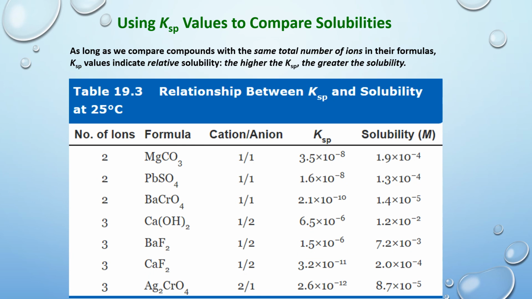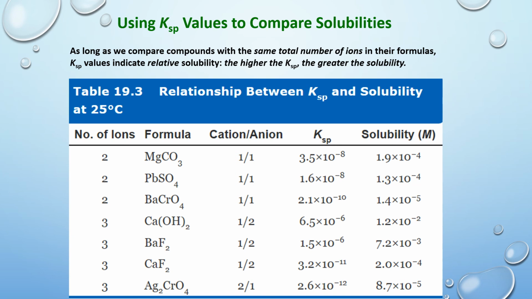Because the KSP value, or the solubility constant value, is an indication of the equilibrium constant, which is the extent of this dissolution process, the magnitude of KSP can be used to compare the solubility of these ionic compounds.